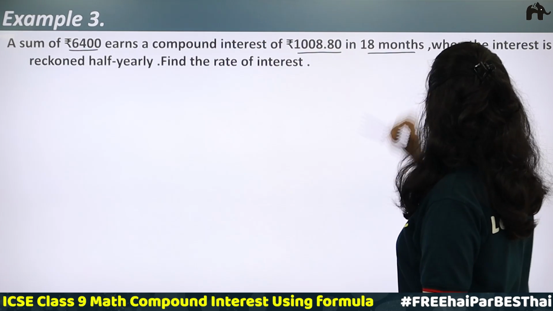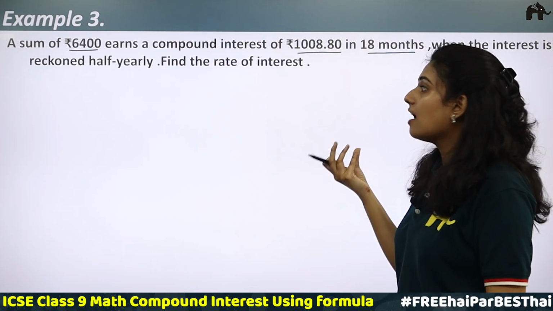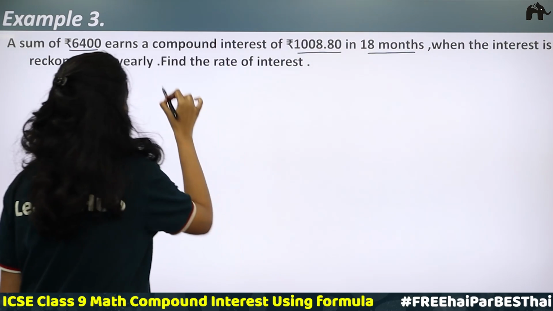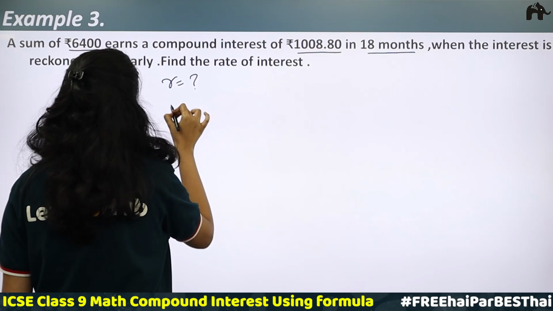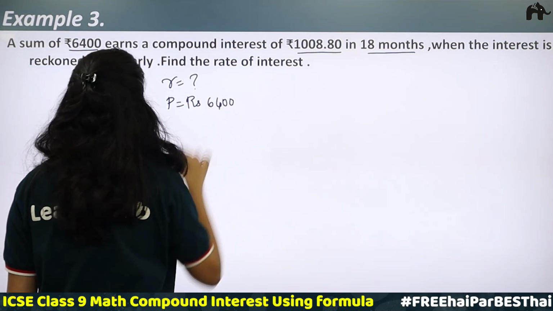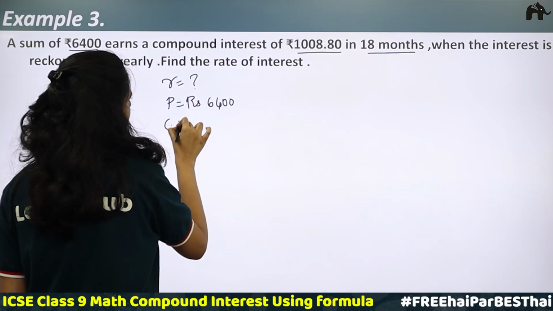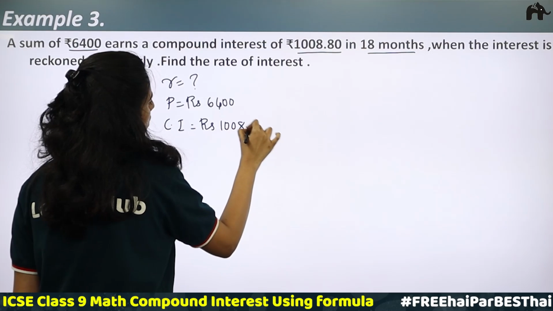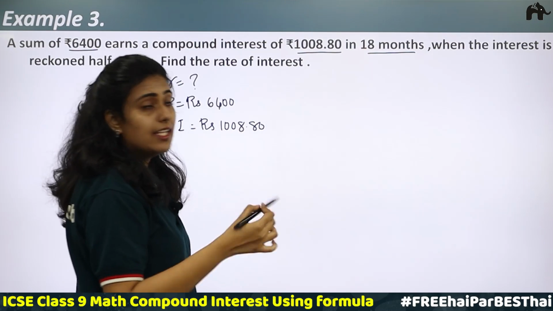Example 3. A sum of rupees 6,400 earns a compound interest of rupees 1,008.80 in 18 months when the interest is reckoned half yearly. Find the rate of interest. So, here we have to find the rate of interest given the principal is equal to rupees 6,400. Compound interest is given, which is rupees 1,008.80 in 18 months.